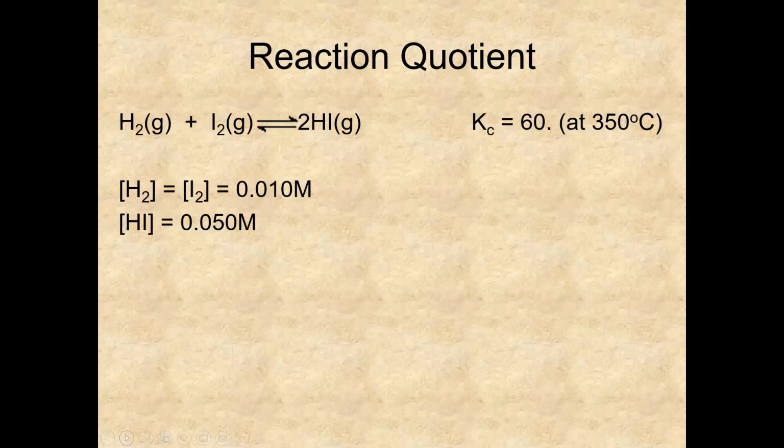So we would be finding Q for this. So we can write out our expression. So we do have Q is equal to the product, which is the hydrogen iodide, which because there's a coefficient of 2, that will be squared, over our hydrogen times our iodine.